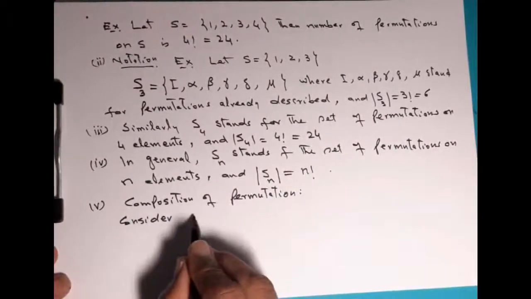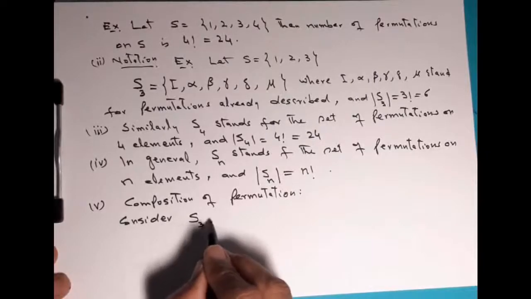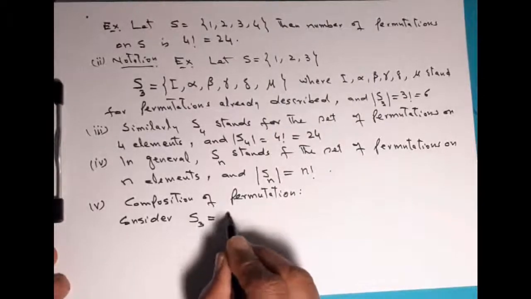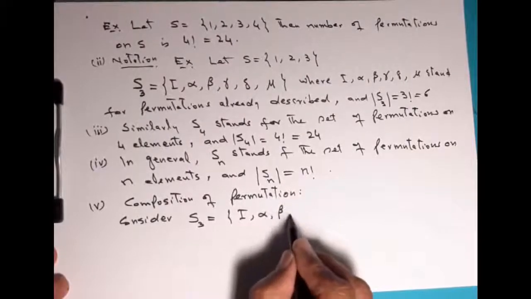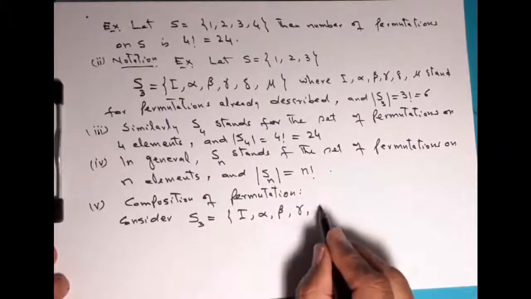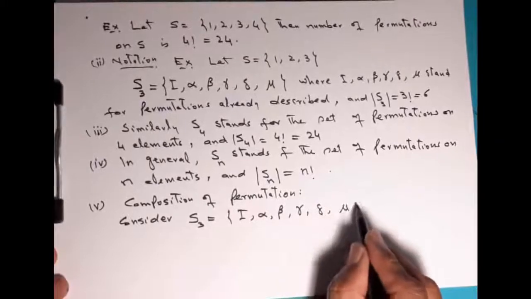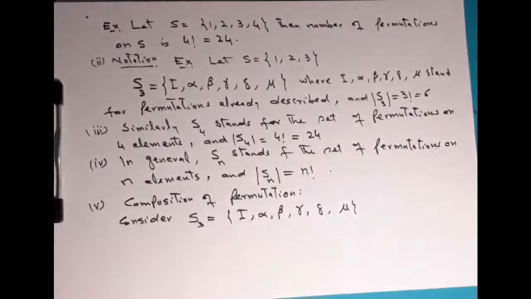S3, and we know what S3 is: identity permutation, alpha permutation, beta permutation, gamma permutation, delta permutation, and mu permutation. And what does this mean? We already know.